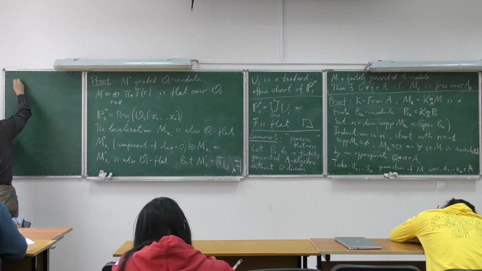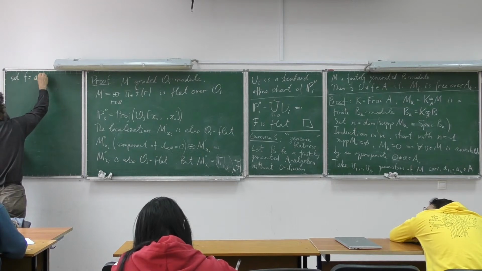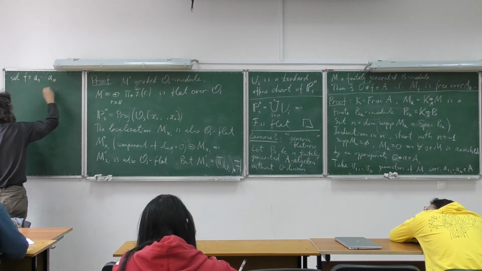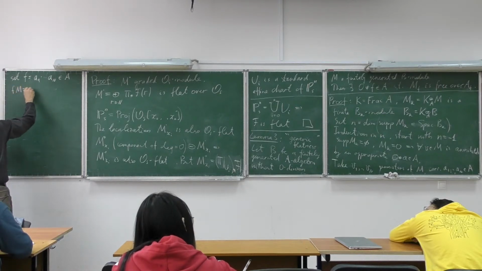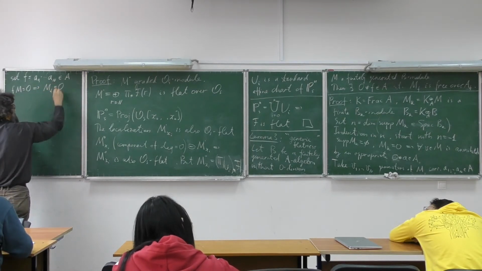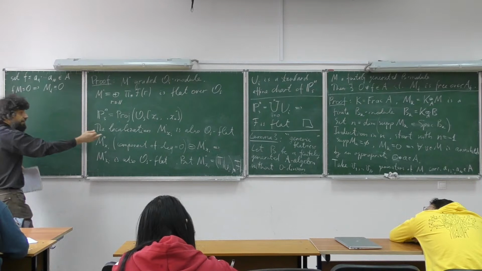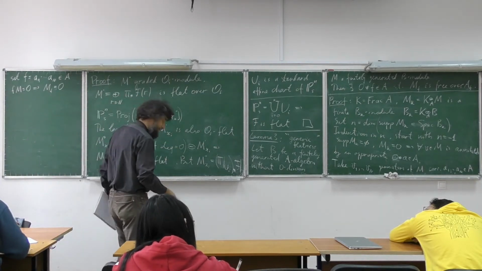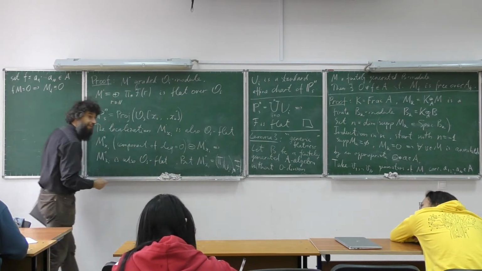Okay, so set f is a1 times so on times an, and then fm is 0, and hence the localization with respect to f is also 0, and well, it's a free module, so we proved our theorem in this case.